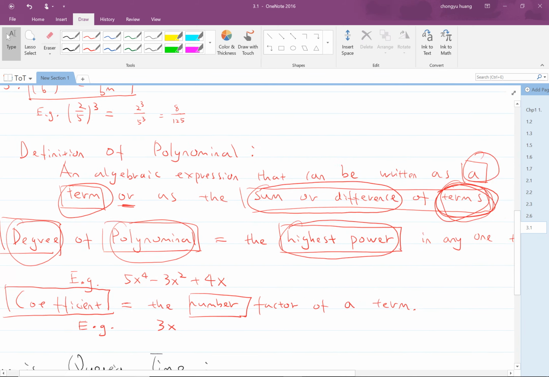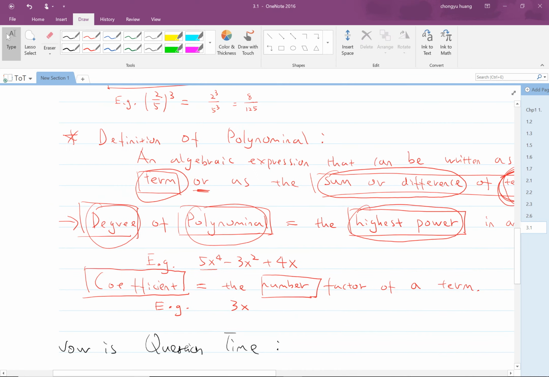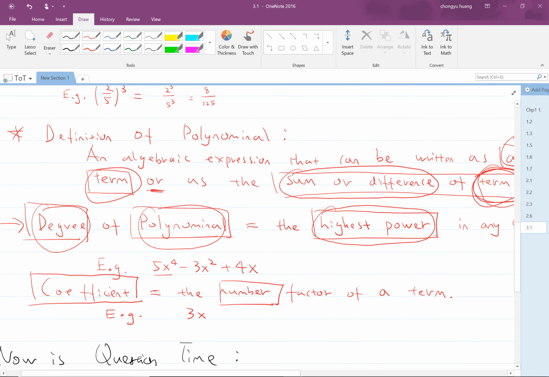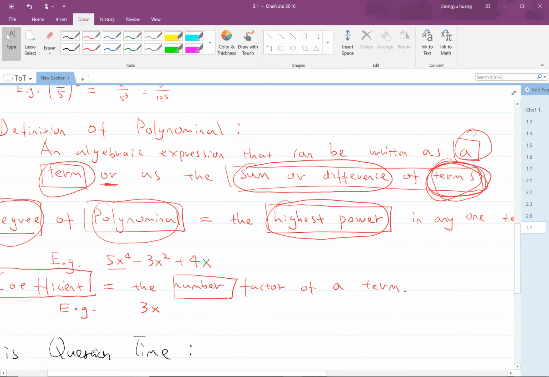So we've got an example over here: 5x to the power 4 minus 3x to the power 2 plus 4x. As we mentioned before, the definition says it's the highest power in any one term.